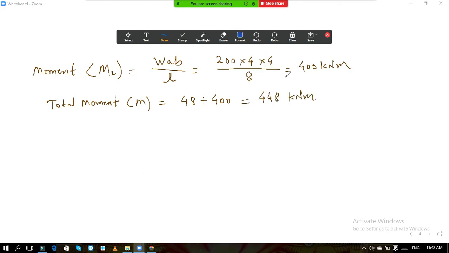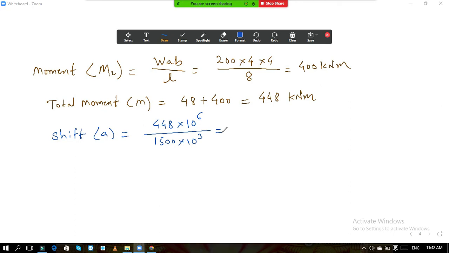Now we will calculate the shift. Shift A is equal to total moment 448 kilonewton meter, so into 10 raised to 6 divided by, what is our pre-stressing force? P, 1500 into 10 to the power 3. So if you calculate this, you will get the distance of C line from P line.